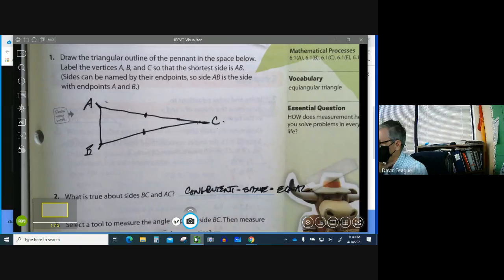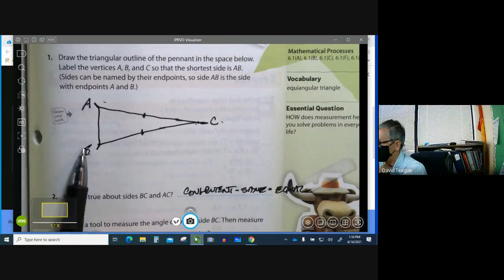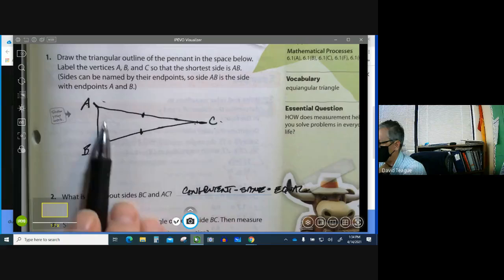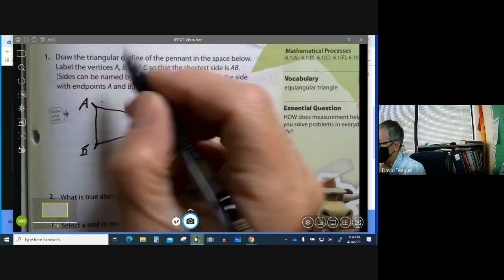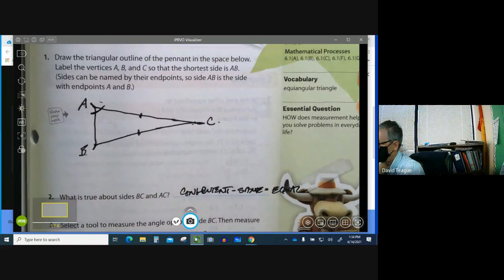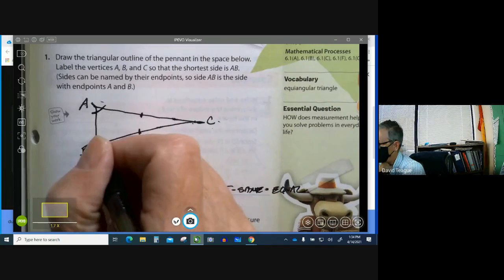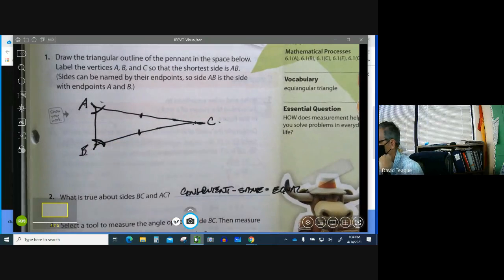Select the tool to measure the angle opposite side BC. So here's side BC, and they're curious about this angle right here. Okay, and then the angle opposite AC. So here's AC. So they're interested in this angle right here.